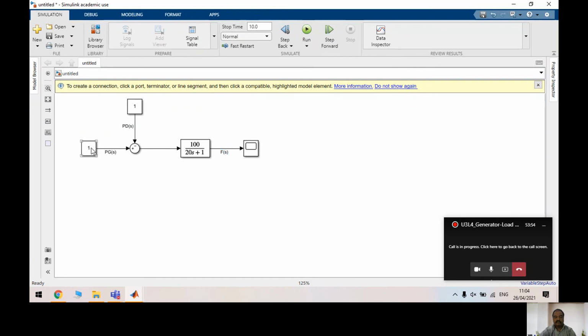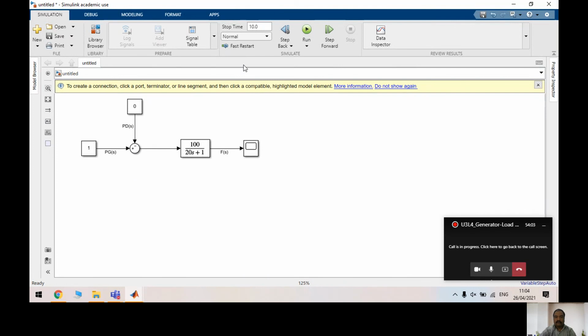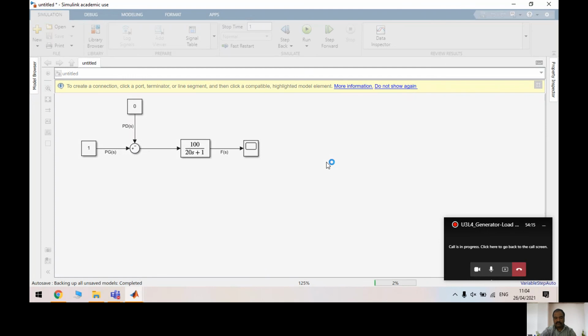So first of all, I feel that there is no change in demand. This is a change in demand, so I'll take it as just 0. Now let us see, let us simulate it for 1 second. For the first time, it will take a little bit of time for simulation, because normally MATLAB in its advanced version goes for backing up all the previous models.